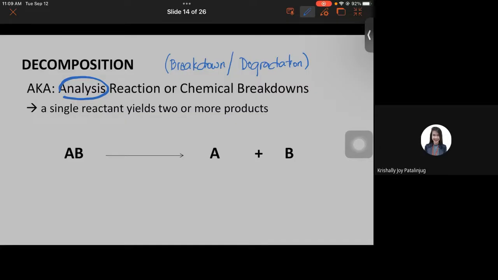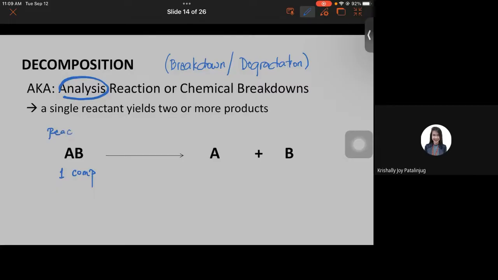So by definition, what happens in decomposition? A single reactant yields two or more simpler substances. So the exact opposite of the first type of inorganic chemical reaction I presented earlier. So opposite siya ng synthesis. So in decomposition, you have one compound, this time on the reactant side.